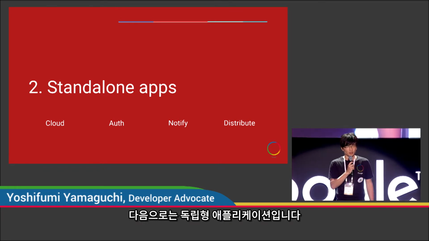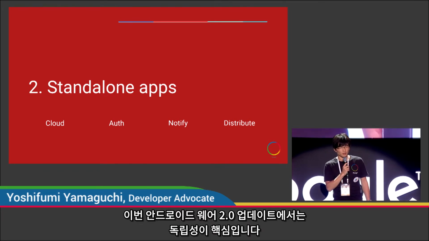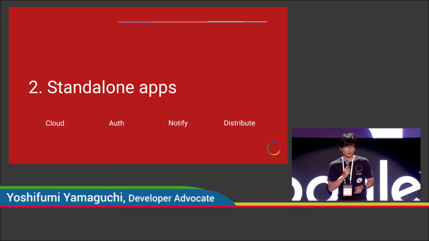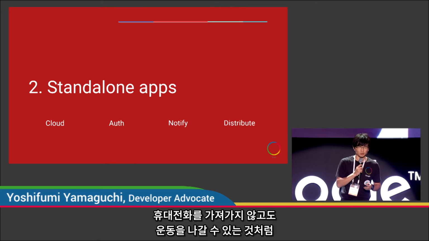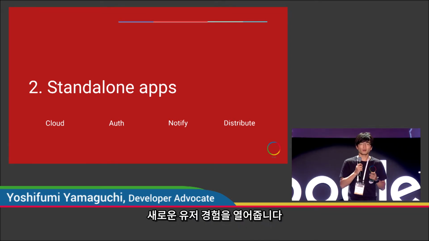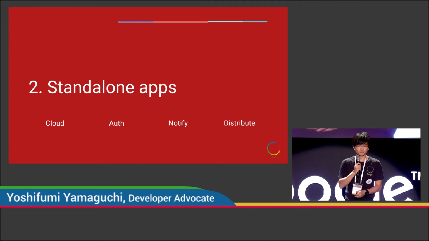The next one is the standalone application. Independence, I mean standalone, is the key part of this Android Wear 2.0 update. This unlocks new user experiences, like being able to go for a run without bringing your phone.